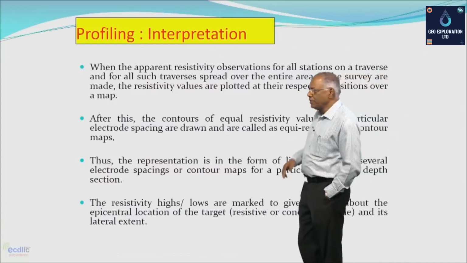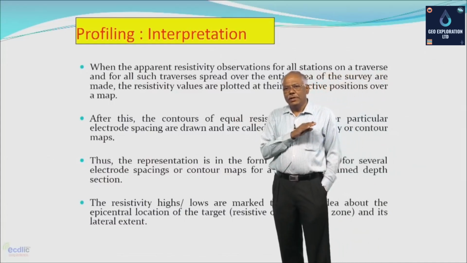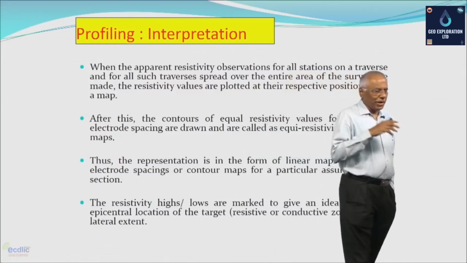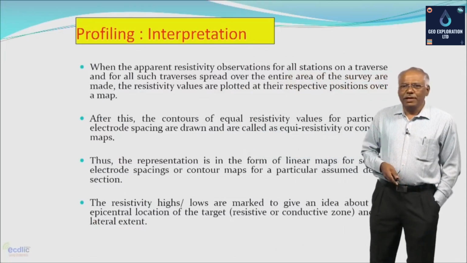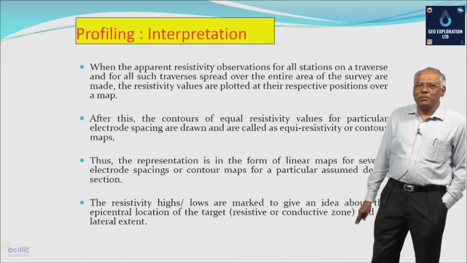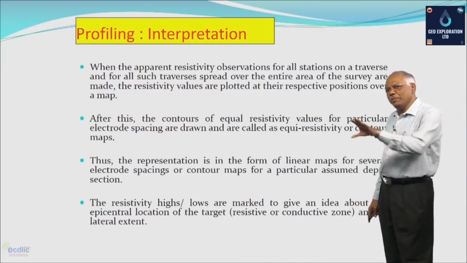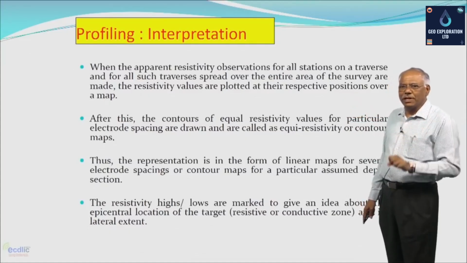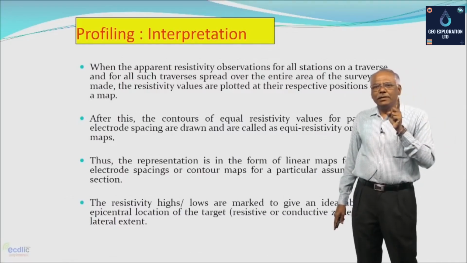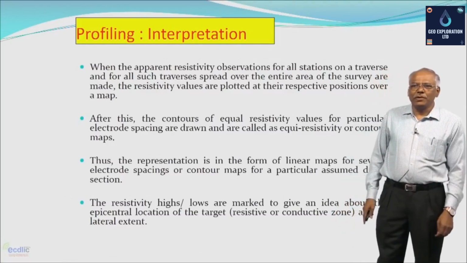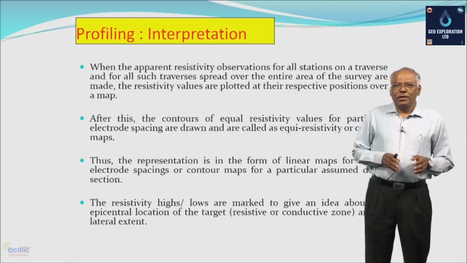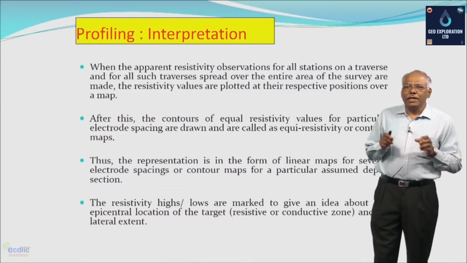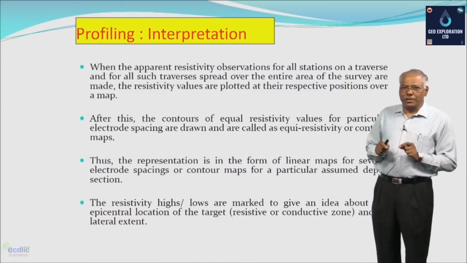When you have the horizontal profiling done across different grid points, then how to really go for the interpretation is a very important aspect. The apparent resistivity observations for all the stations along a particular grid, or different rows or columns of the grid, which are spread over the entire area, are plotted.